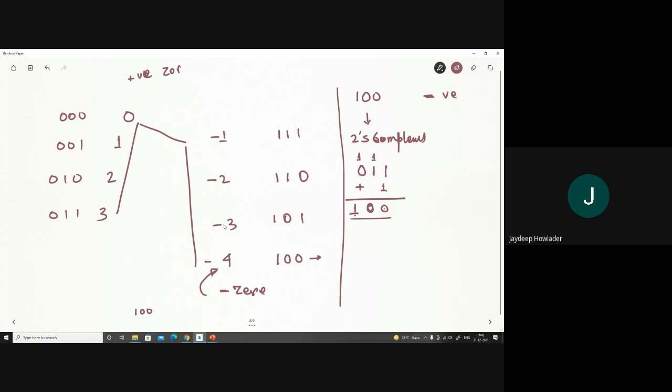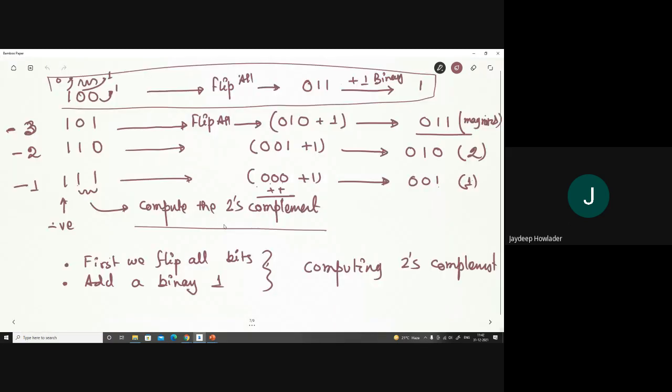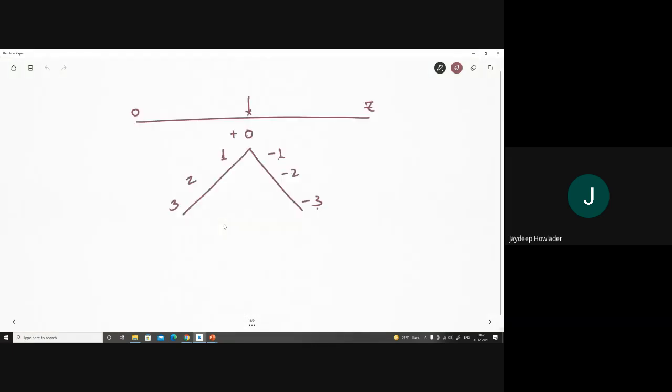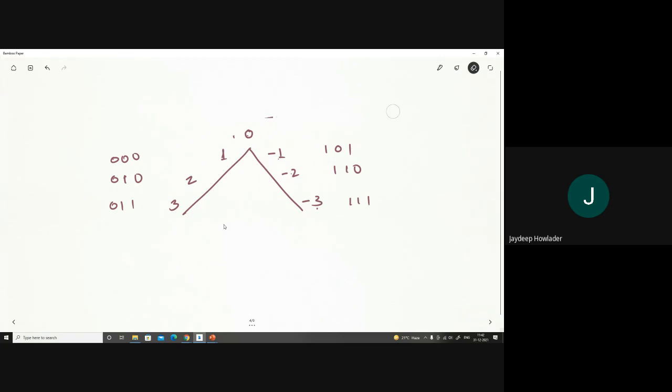Okay, so previously in the sign magnitude part, we have the numbers which look something like this: 0 0 0, 0 0 1, 0 1 0, 0 1 1, then 1 0 1, 1 1 0 and 1 1 1. And there are two numbers, 0 0 0, which is mapped to the value of 0, and 1 0 0, which is also mapped to the value of 0.